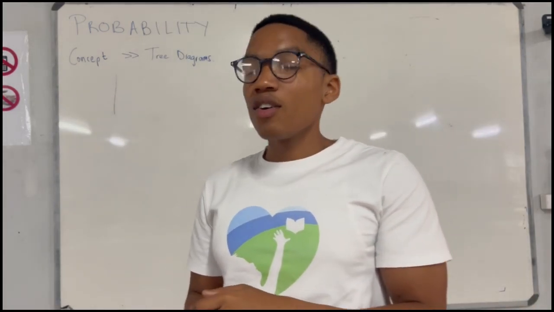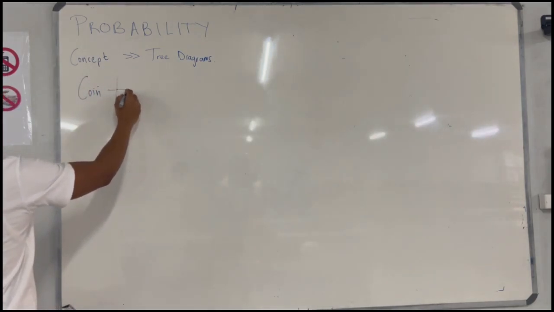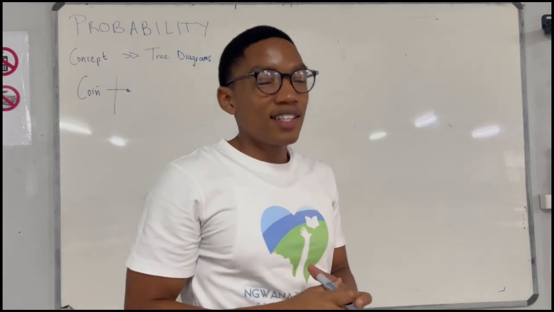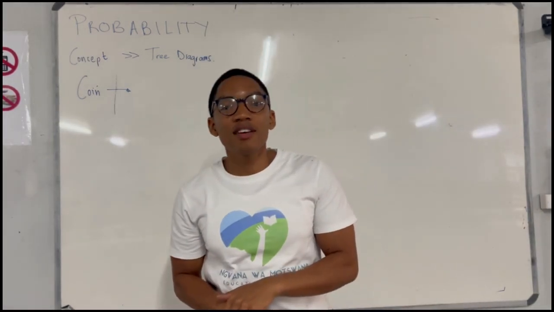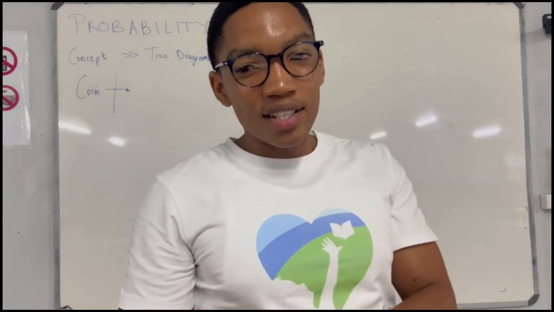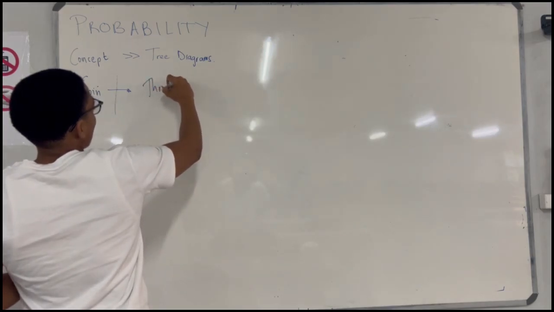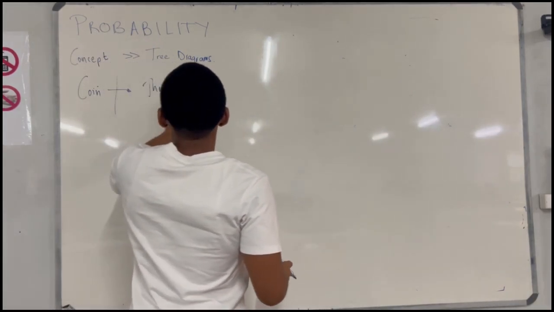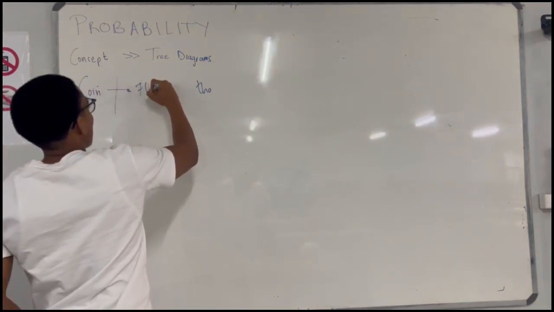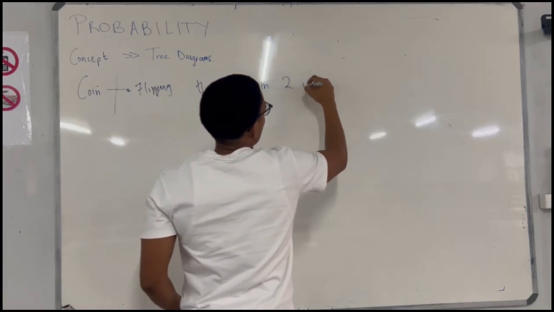So we're going to think of a coin. If you have a coin, what is the probability that when you toss the coin in two repetitive occurrences, you are going to have at least 1 head? You are flipping the coin in two occurrences.